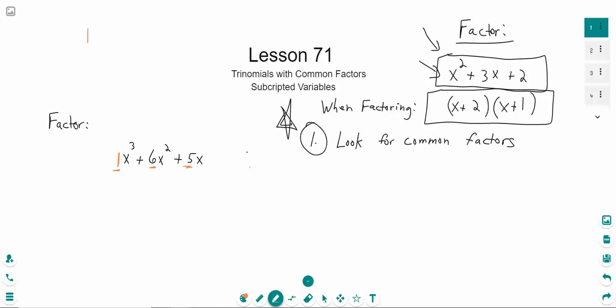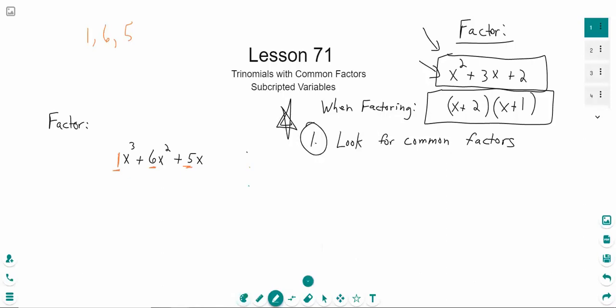So if you think of those 3 numbers, 1, 6, and 5, do they have a common factor other than 1? Because everything will have a common factor with 1. But other than 1, do they have a common factor? The answer is no, they don't. There's nothing that can go into 5, 6, and 1 other than 1. All right? So there is not a common factor amongst the coefficients. There's really nothing that we can factor out there.